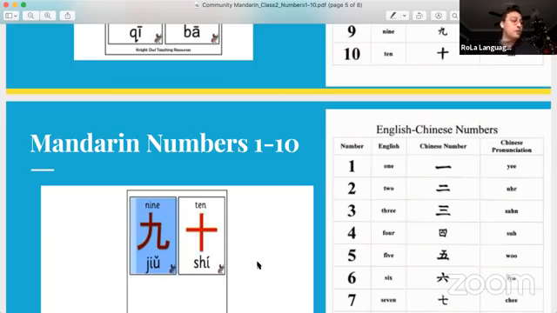Okay, very good. So those are our numbers. We're going to play one more game here, and I'm not going to talk. I'm only going to use my hands, and we're going to see if you can say it at home. Here we go. We're going to do a few of these. What number is that in Chinese? If you said shi or did this and said shi, 10. Okay, here we go.